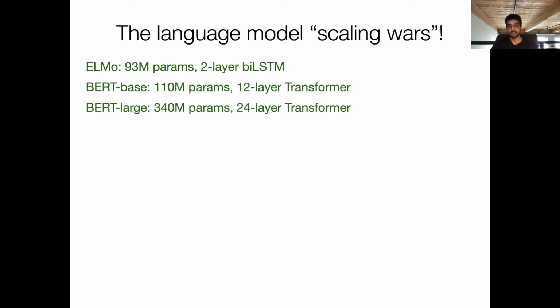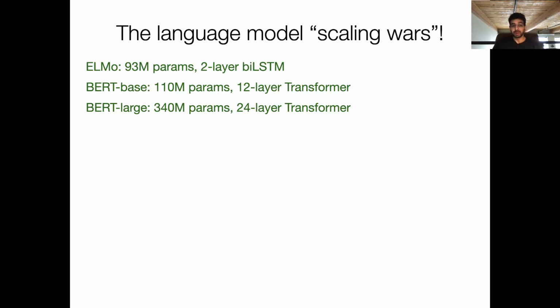It had a 2-layer biLSTM. The hidden size here was quite large, but other than that, it wasn't some enormous model. And when BERT came out, the base model was only slightly bigger than ELMo, with 110 million parameters, a 12-layer transformer. And the large model was 340 million parameters and a 24-layer transformer.